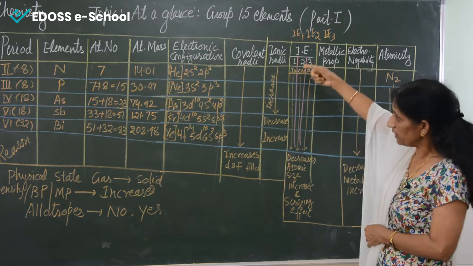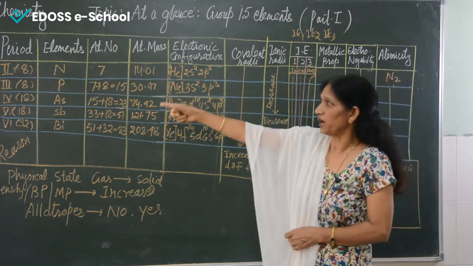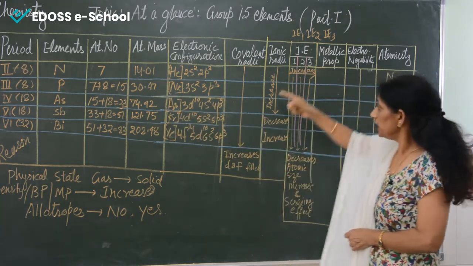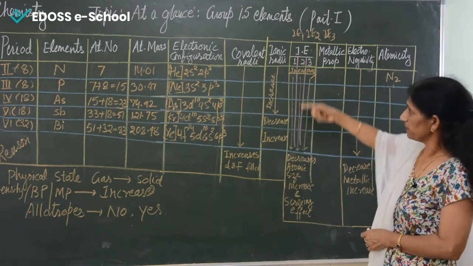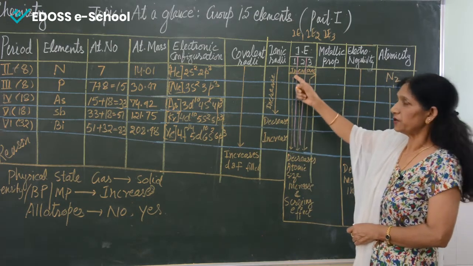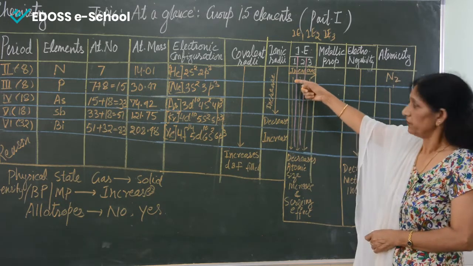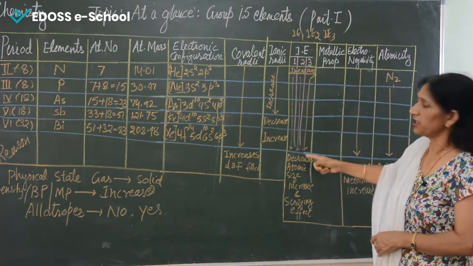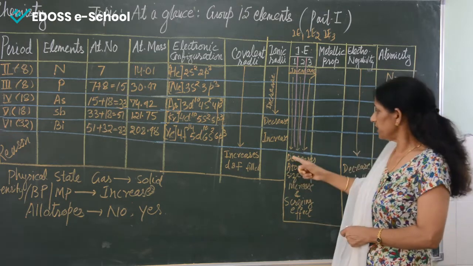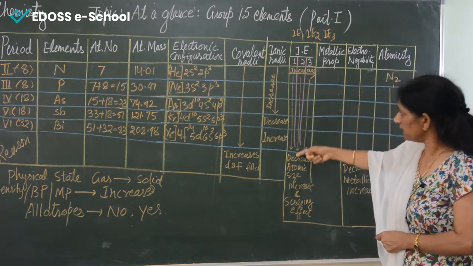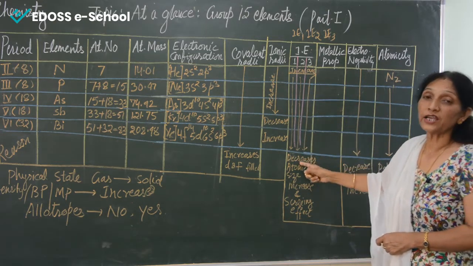But when we are moving downwards from nitrogen, phosphorus, arsenic, antimony and bismuth, it is decreasing, you can see. That means for nitrogen it is more, and as we are going down it is decreasing. Now what's the reason? The reason for this decrease in energy is the size of the atom.